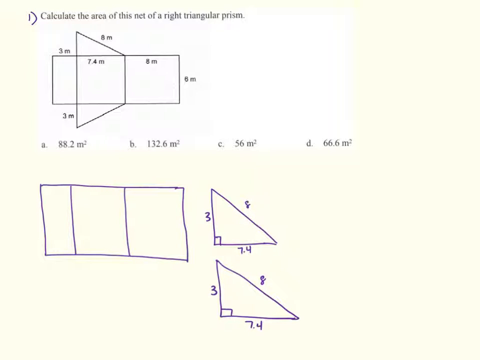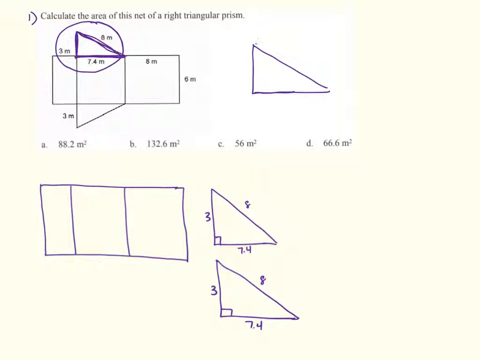If you look at the top of the net right here, you can see that you have the side leg as 3 meters, the base leg is 7.4, and the diagonal as 8.